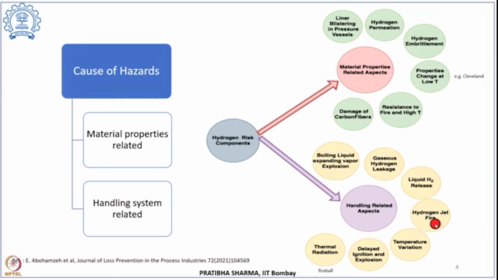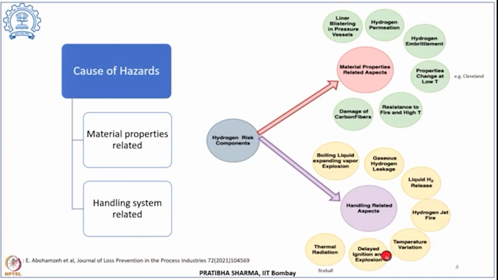Now a hydrogen jet fire is a sort of high velocity turbulent flame which arises because of combustion of a hydrogen air mixture in the flammable range, and if the release is in a certain direction, it takes place with very high momentum, and then it can lead to damage of property as well as several injuries.